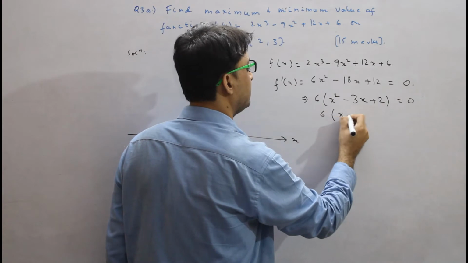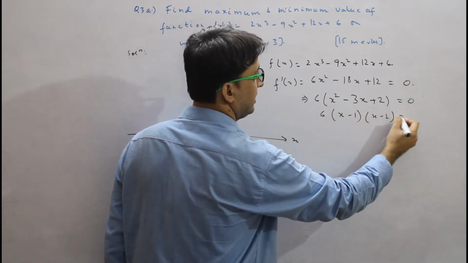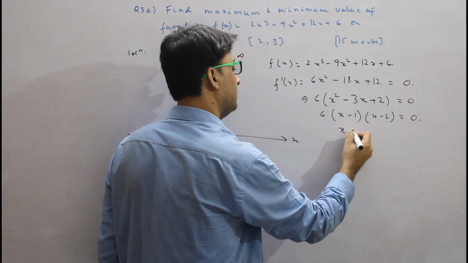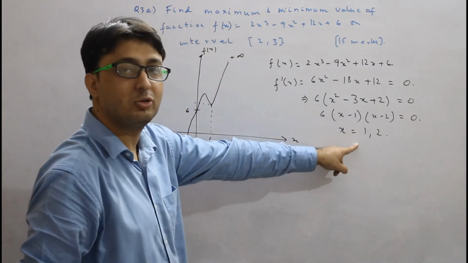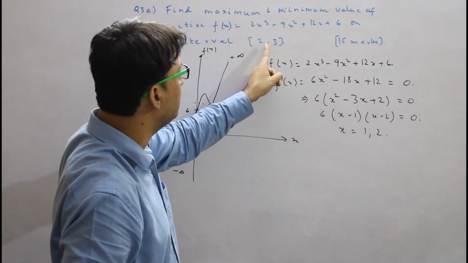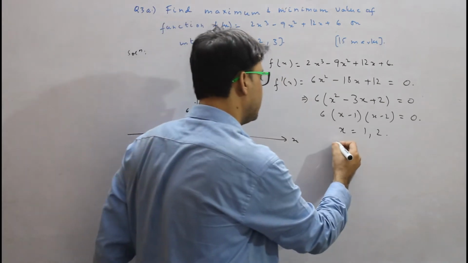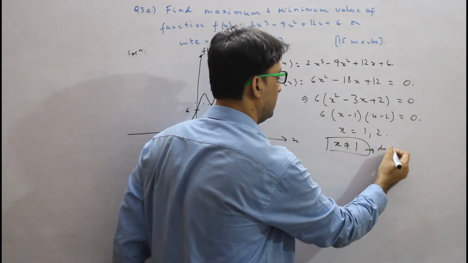So I get 6 times x minus 1 times x minus 2 equal to 0. These are my critical points, 1 and 2. 1 I am not going to take because it has been given that this has to lie between 2 and 3. So I will discard this one.